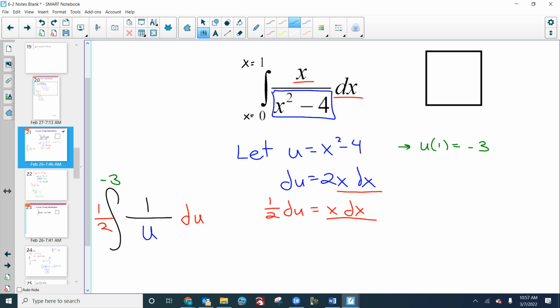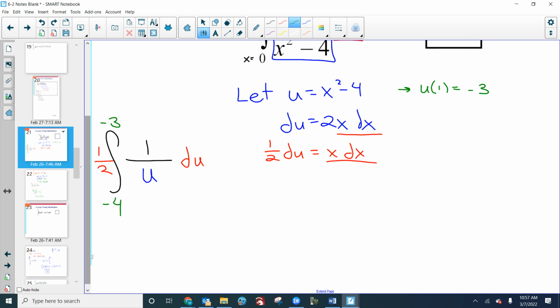If u equals x squared minus 4 and x was 1, then u equals -3. When x is 0, u equals -4. You have to put those on there. No pun intended. Those cannot be missing. If you're just like, I'm not really feeling that process, I'm just going to leave them blank, the point values on that problem will be left blank as well. That's kind of harsh, but you get what I'm saying.